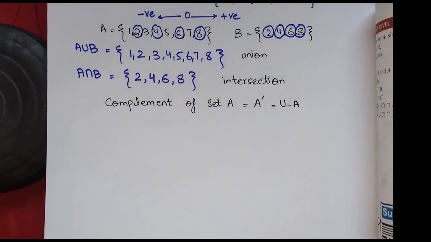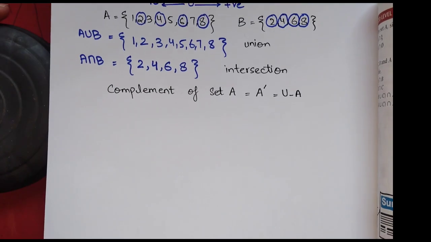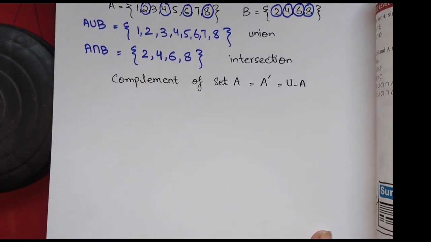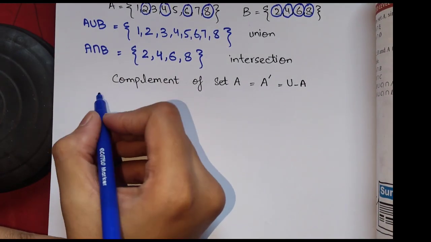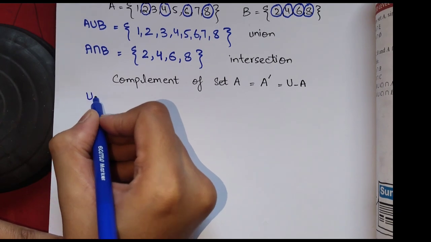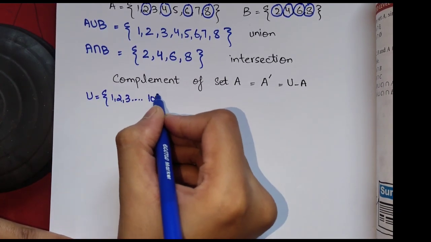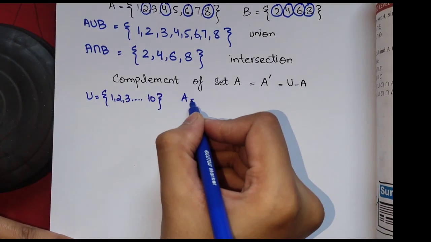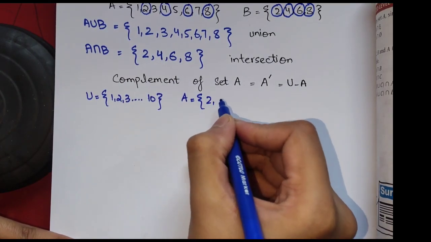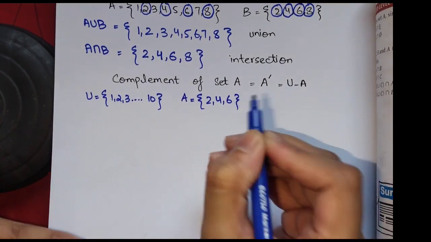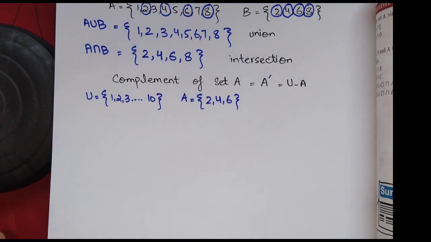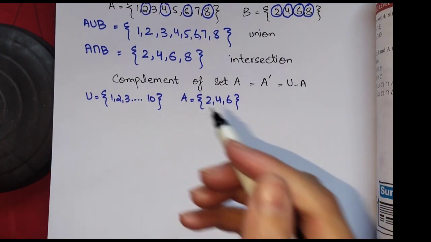Firstly, you have to write the universal set, and then the set A. So here I am taking the universal set U equal to 1, 2, 3 and so on up to 10, and your set A is 2, 4, and 6. So you have to take the complement of A.